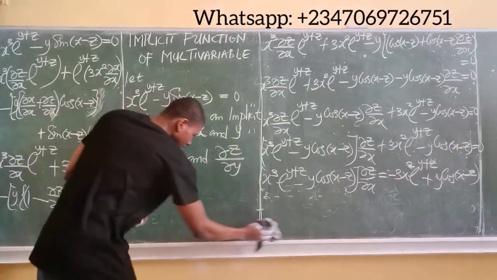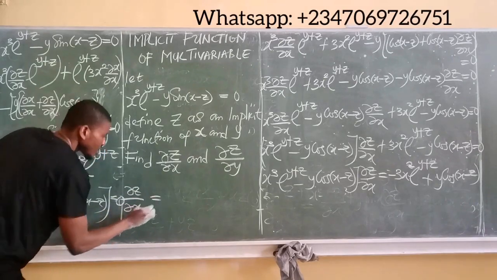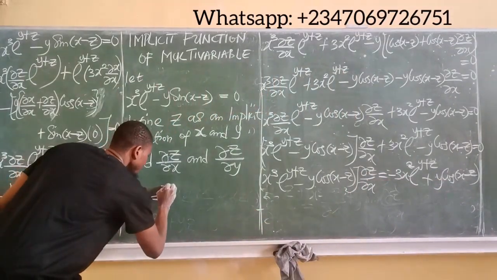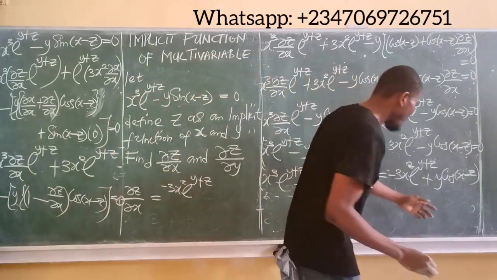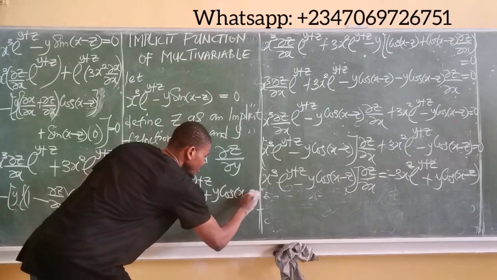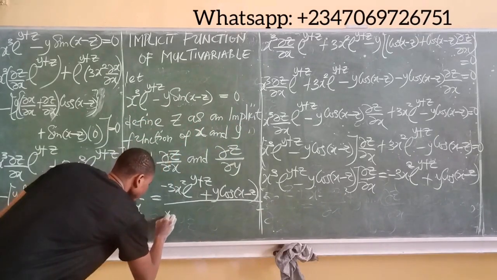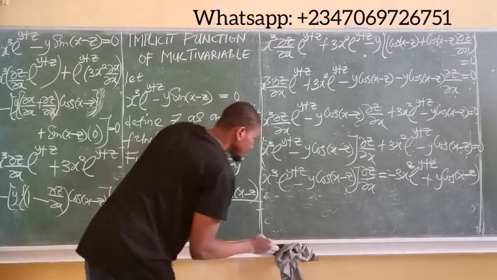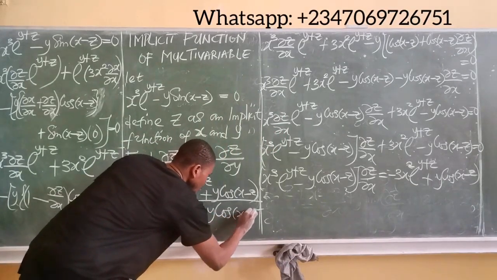So partial z all over partial x is equal to minus 3x squared exponential y plus z plus y cos x minus z, all over the whole of this term, x cubed exponential y plus z minus y cos x minus z.